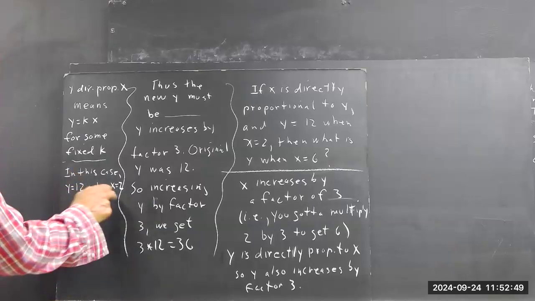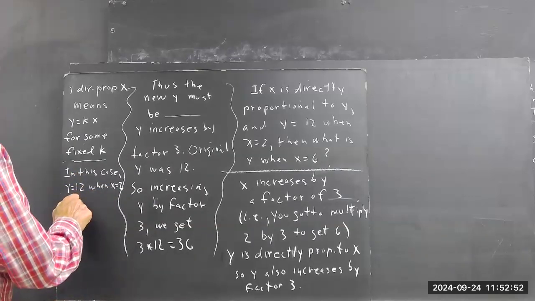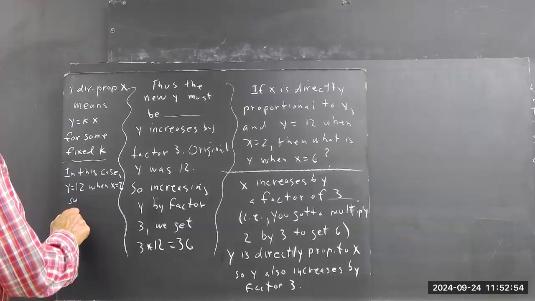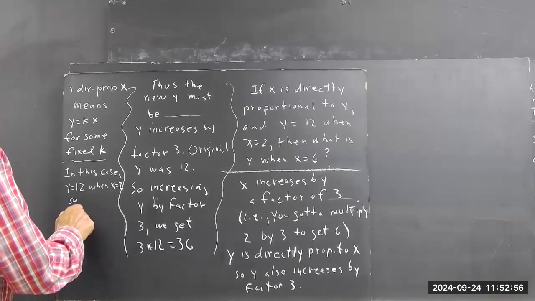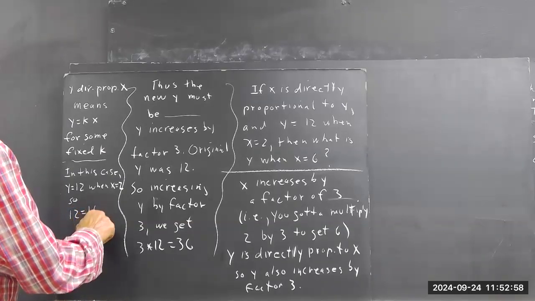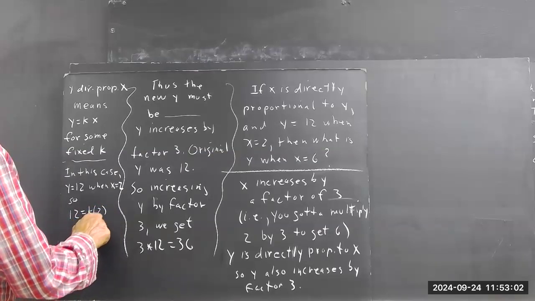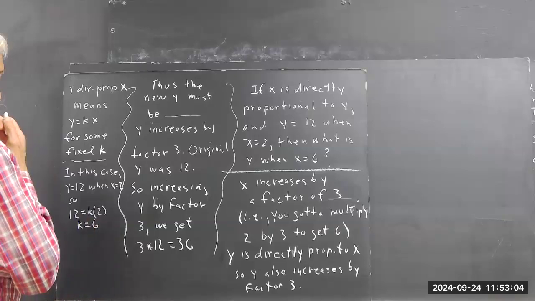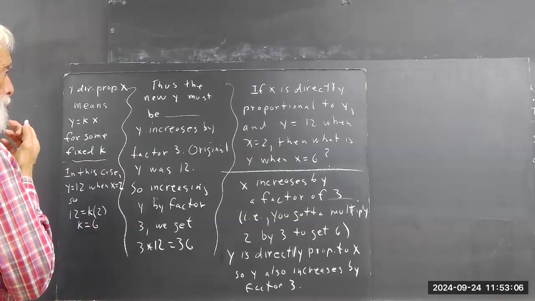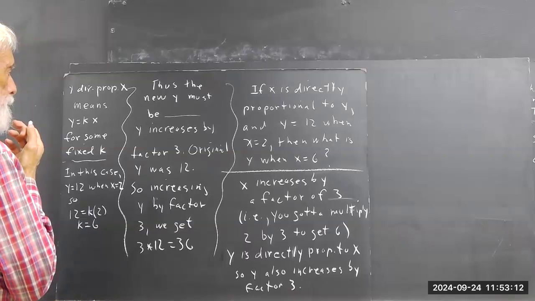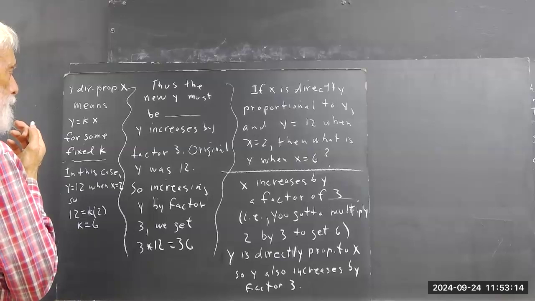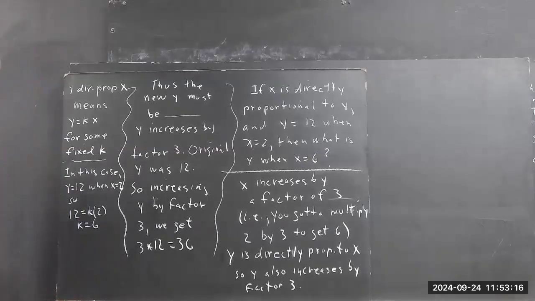In this case, y equals 12 and x equals 2. So 12 equals k multiplied by 2. That's easy to solve. K equals 6.